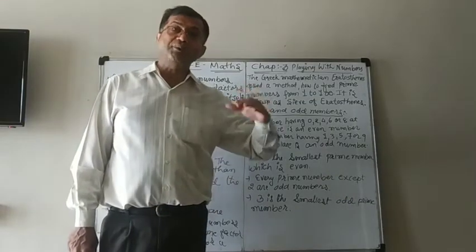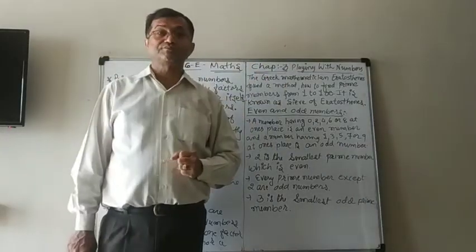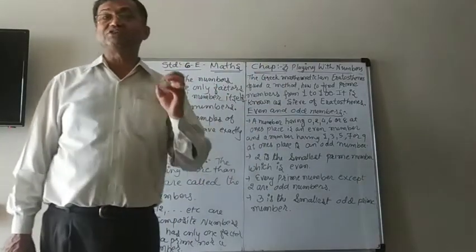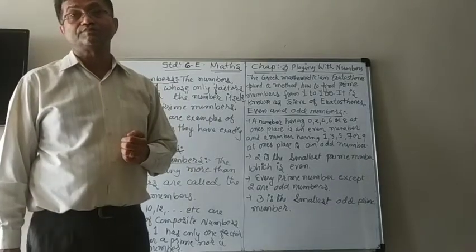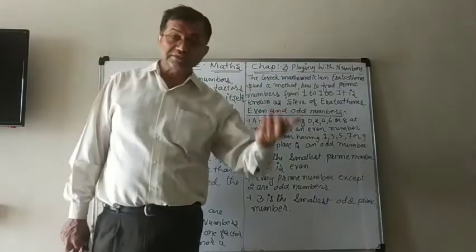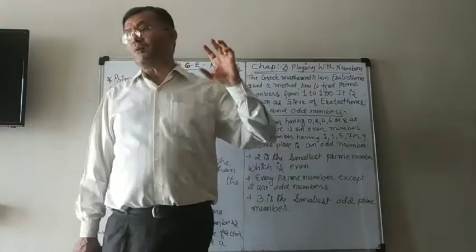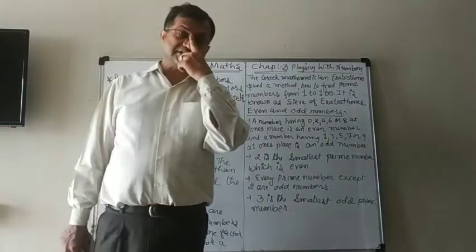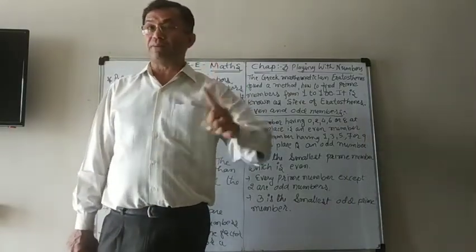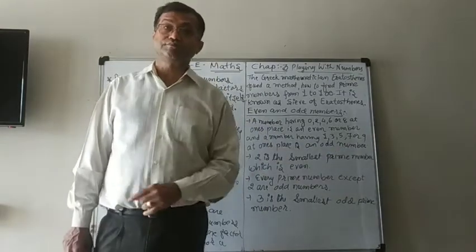Now, if you observe all the prime numbers, which is the smallest prime number? Obviously 2. Then 3. Then 5. So if you observe all the prime numbers, you will see that there is only one prime number which is an even number, and that is 2.